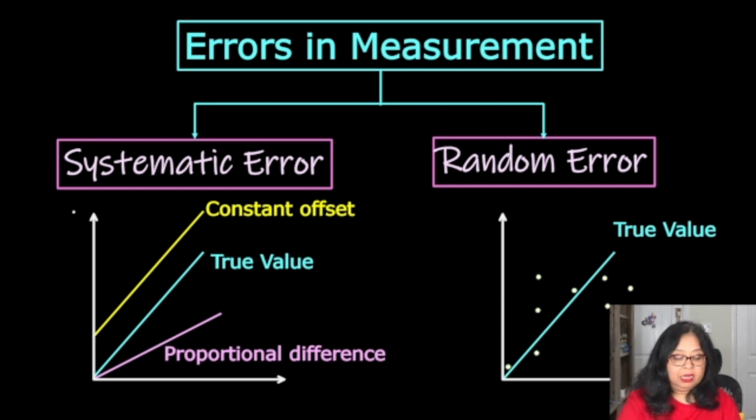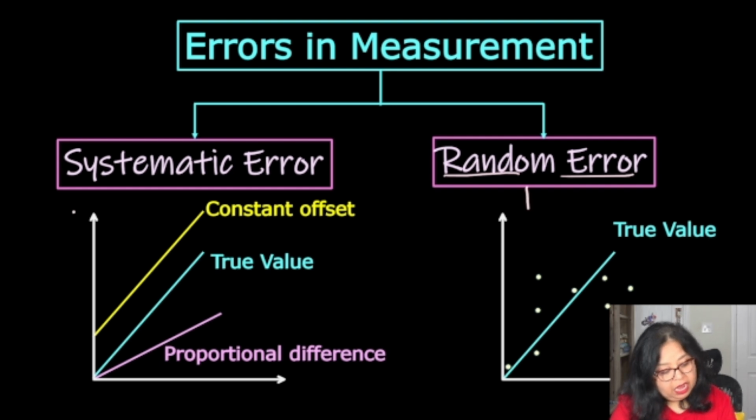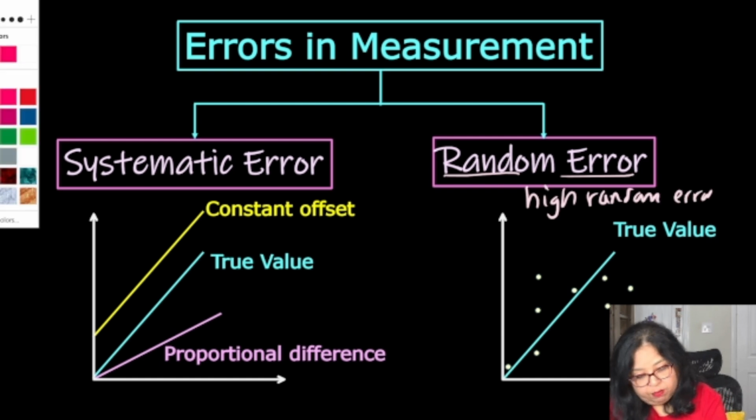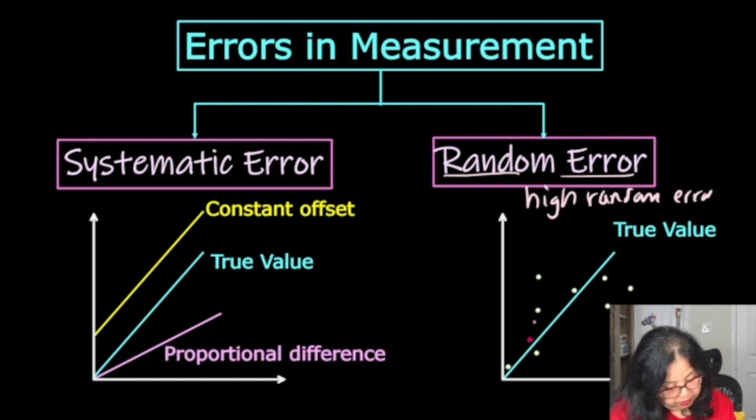So you can see that these data points are randomly distributed about the blue line. There is no set pattern to these yellow dots. These are due to random errors. These are scattered in this totally unpredictable random fashion due to random errors. So this data set has high random error as compared to if I had my data set like this.